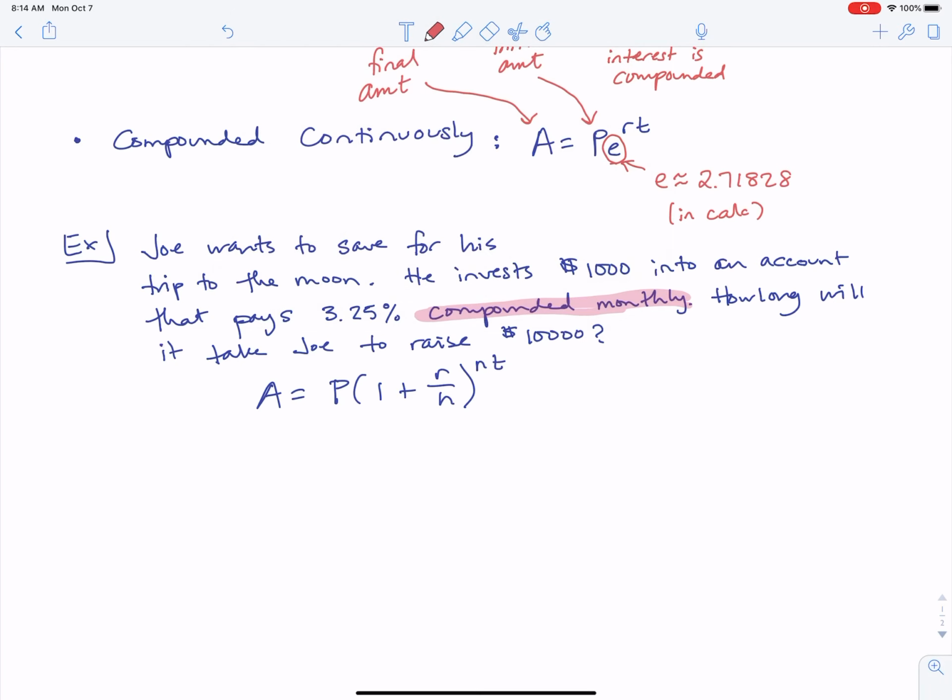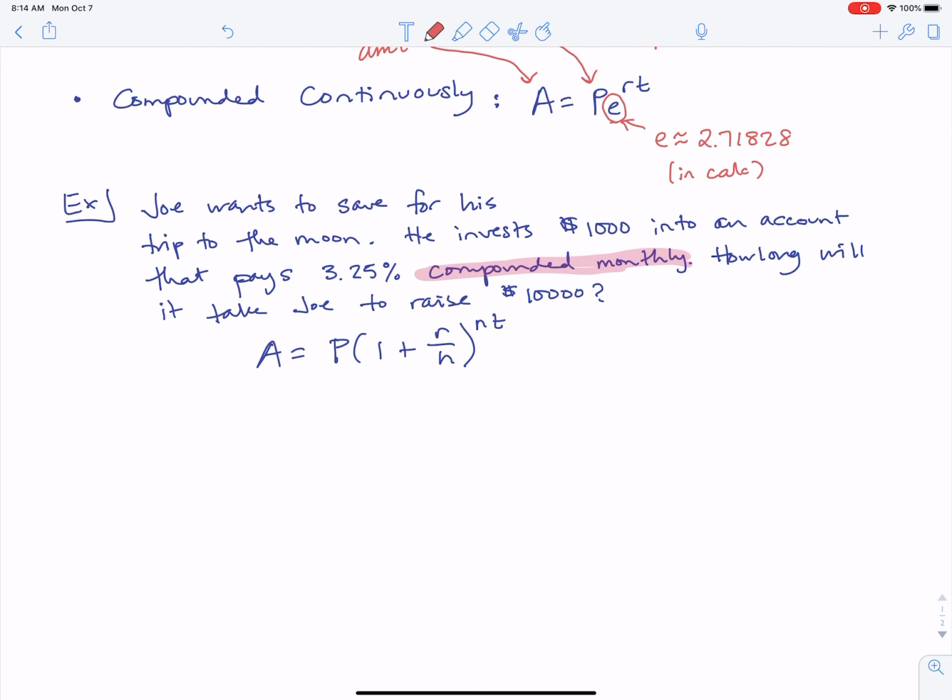Sorry, A is our final amount. That's $10,000 equals P, our initial amount of 1,000, and then 1 is still 1. Our rate as a decimal is 0.0325 divided by N, which is 12, because monthly, there's 12 months in a year, and then to the 12 times T.